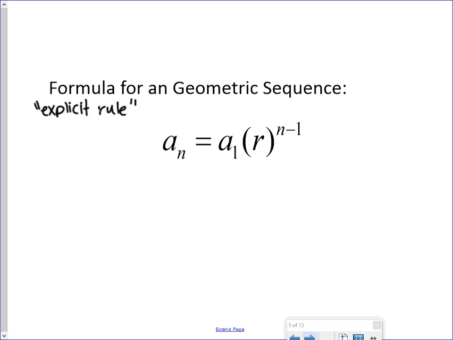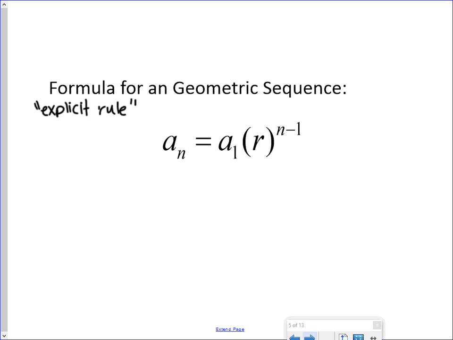That's because in exponential functions, your initial value was at time 0. In sequences, your first term is at n equals 1. So we're kind of moving that up, and so we need that n minus 1. Think about if you were to put 1 into this exponent: 1 minus 1 would be 0, r to the 0 would be 1, and that would give you your first term.